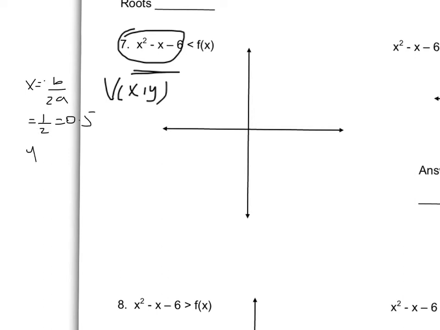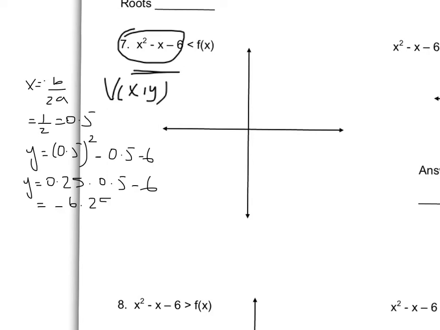Now to find y, you have to square the 0.5, then minus 0.5, minus 6. So I plugged in the x in the main equation. 0.5 squared is 0.25, minus 0.5, minus 6. So basically it's going to be negative 6.25. So the vertex is 0.5 and negative 6.25.